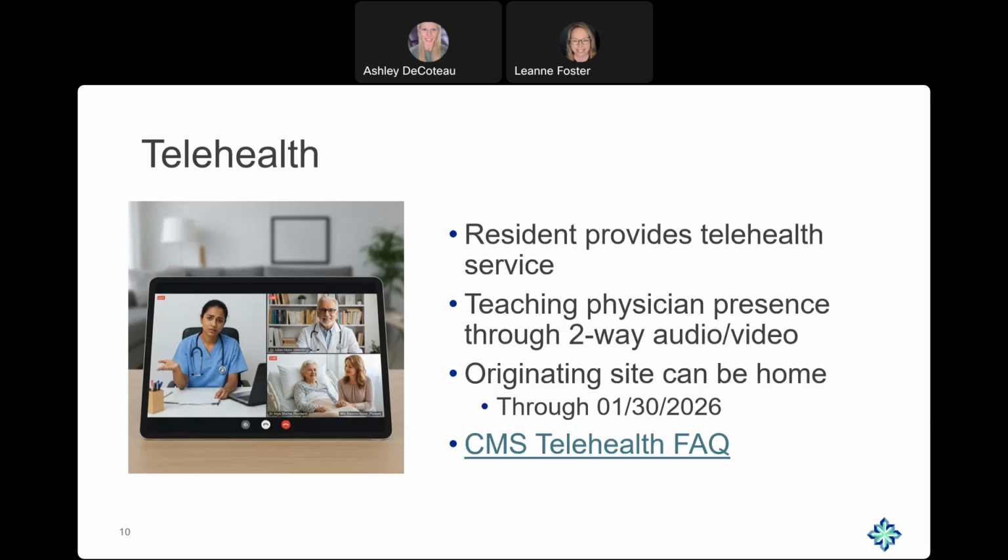And I find that the telehealth FAQ, which I have linked here on this slide, was updated after the final rule came out, and I feel like it provides a bit more information on virtual presence for the teaching physician. So I would take a look at that one too.